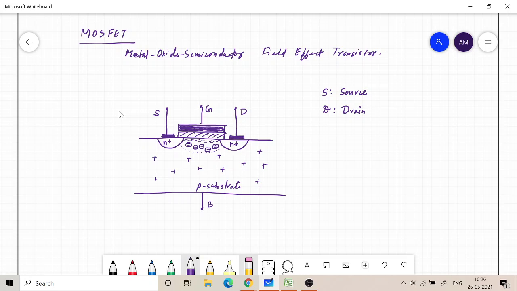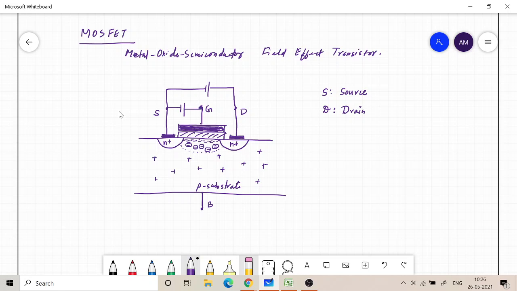Okay. Now once the charge or inversion layer is created like this, then if you apply a source to drain voltage, so there are two voltages here. One is this voltage that we apply between source and drain, and the other is basically applied between source and gate.